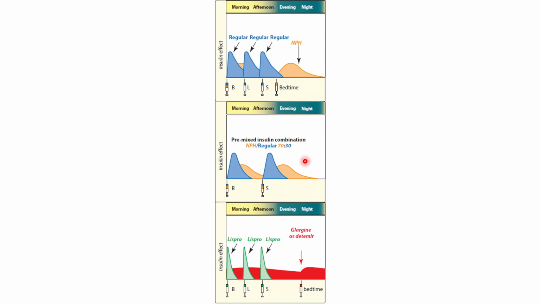So with this scheme, probably patients should take a small lunch or no lunch at all, and also there is a Lispro or short-acting insulin with the Detamir. That is, Detamir is taken once daily at bedtime, and Lispro 3 times a day before the meal. So these are the most common ways of insulin injection.